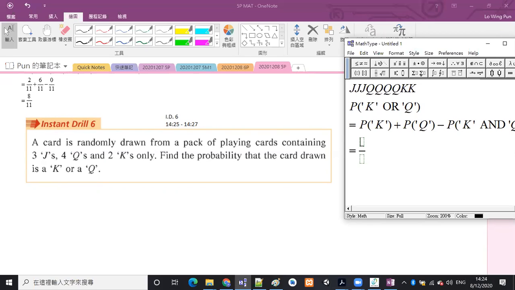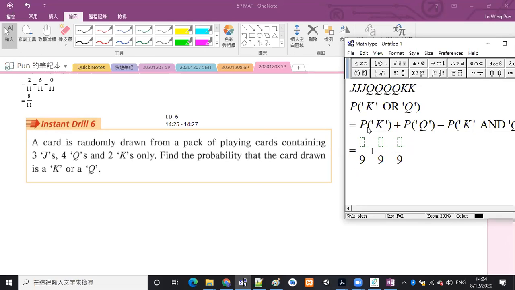That will be fraction plus fraction minus fraction, and all of the fractions will have the denominator equal to 9, because we have 9 options.